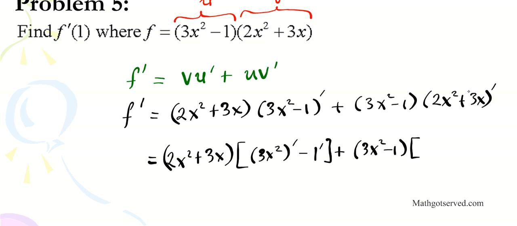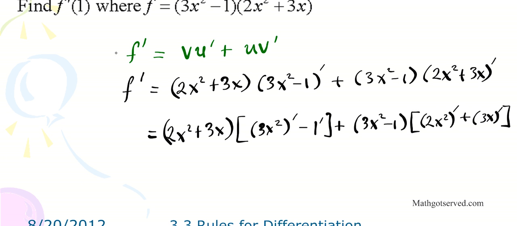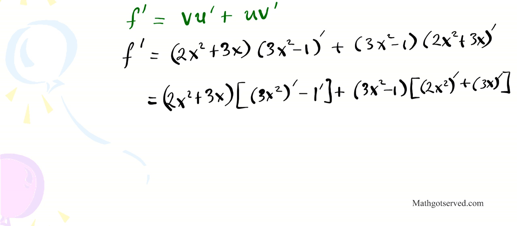So we can distribute the derivative to the sum of these two, right? So it's going to be (2x squared) prime, which is the derivative of the first term, plus the derivative of the second term, which is (3x) prime. Okay? All right, let's go ahead and finish this up. And then we're going to plug in 1 for our x's, okay?